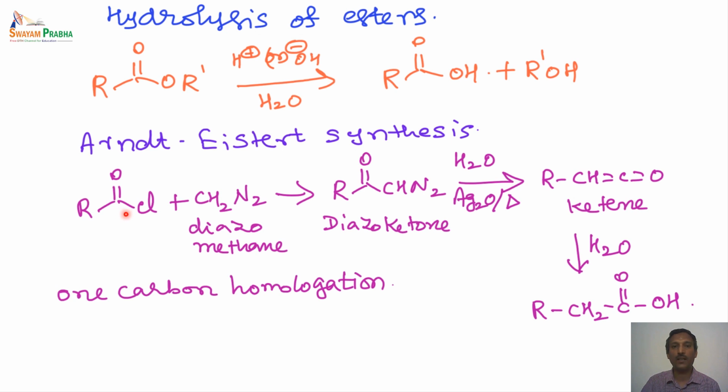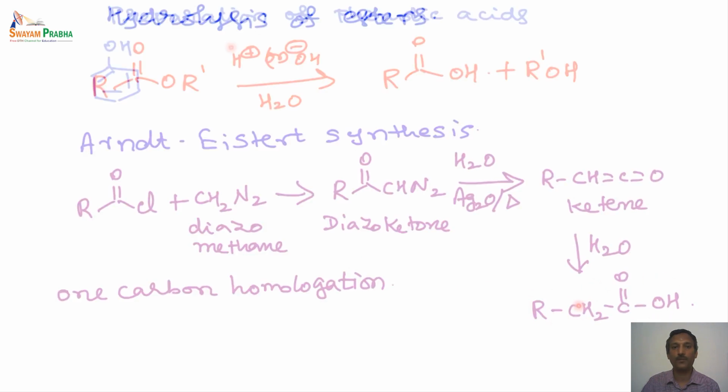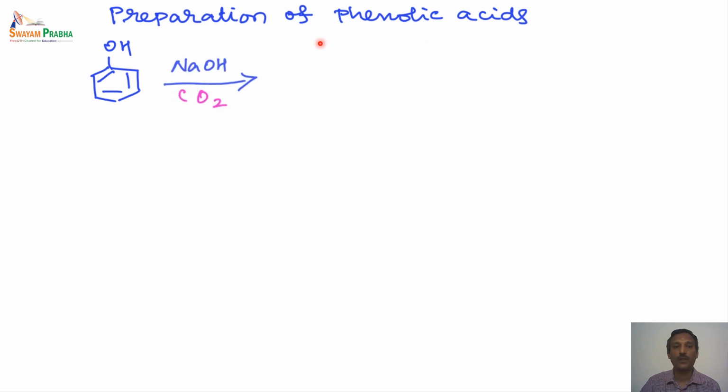We have already seen in the earlier cases, the primary alcohols when treated with alkyl halides followed by Grignard reaction, or alkyl halide and cyanide reaction, produce carboxylic acids with one carbon extra, that is the homologation. So the Arndt-Eistert synthesis is also another method by which we can convert a carboxylic acid to a one carbon homologation product.